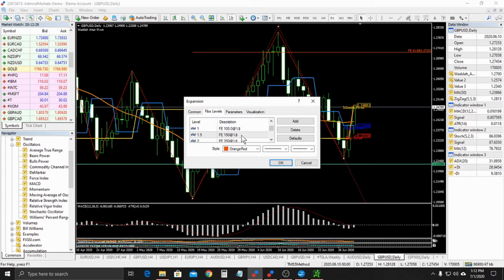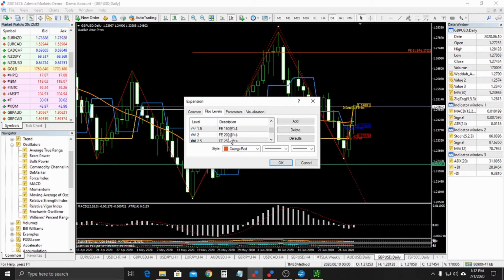On my Fibonacci retracements and extensions, I normally don't go with the normal descriptions or the normal levels. Instead of the 1618, I put 150.